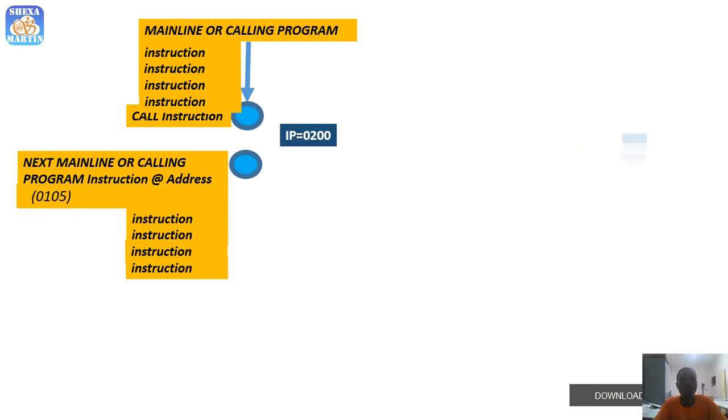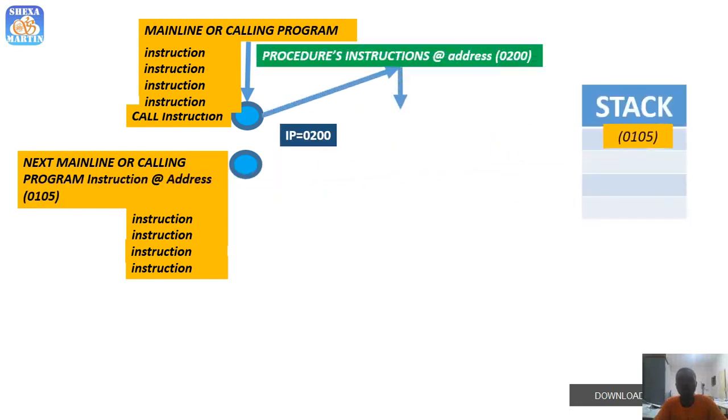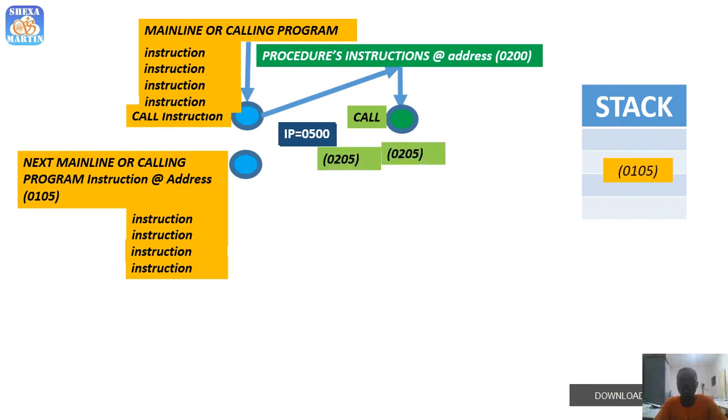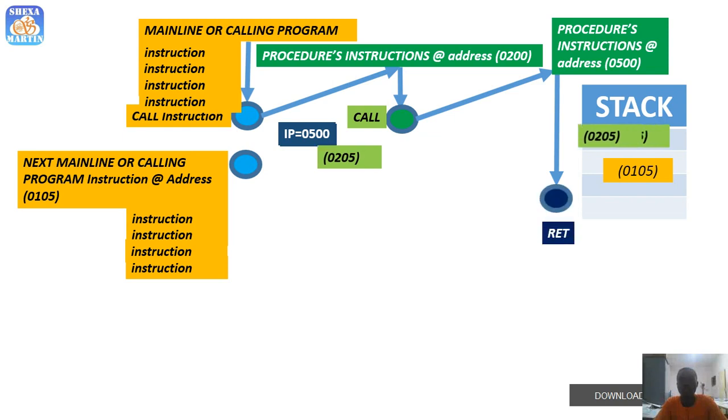We execute, we call, then IP changes and the stack changes like that. Then we call again, our IP changes to that, and the top of the stack is changed to get the instruction, the next instruction to be executed in that procedure. And then when we call return, we get IP changed to 0205, and then the top of the stack is now the previous one.